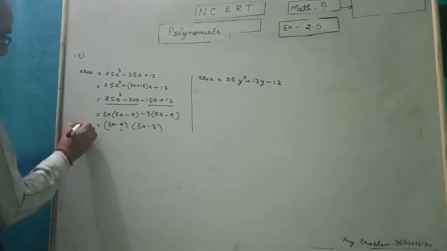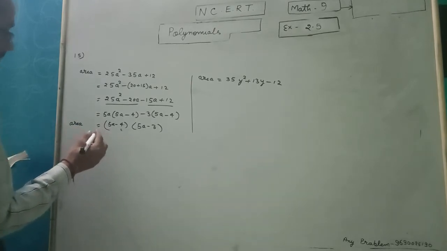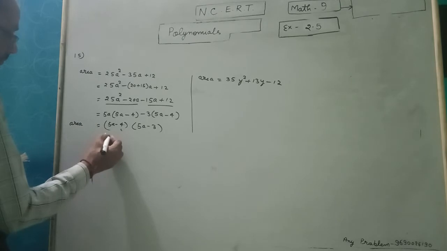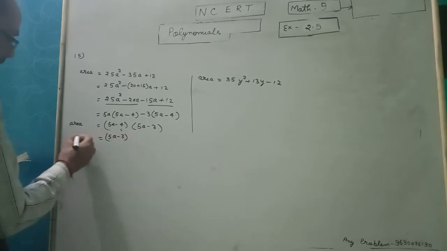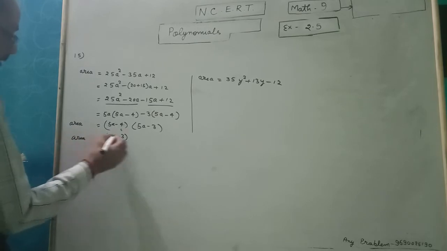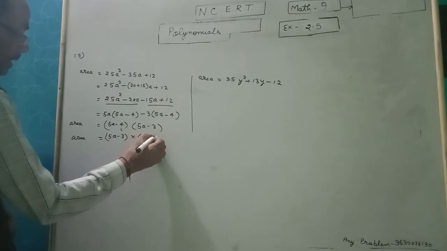That is the area. Area will be (5a - 3) into (5a - 4).